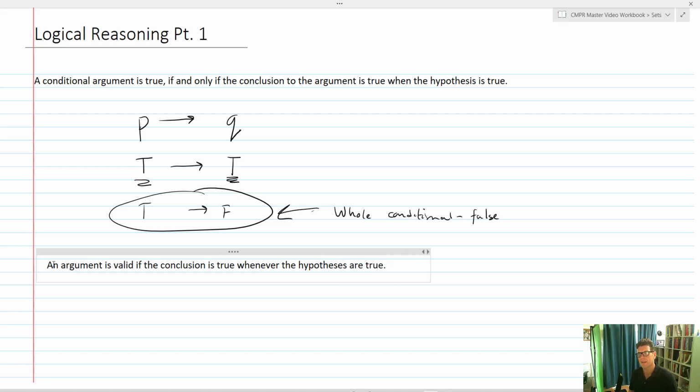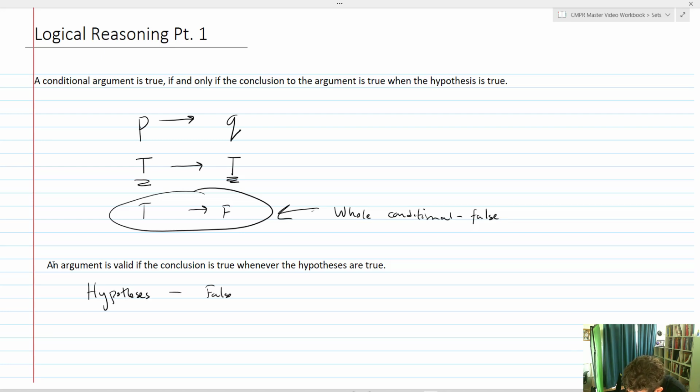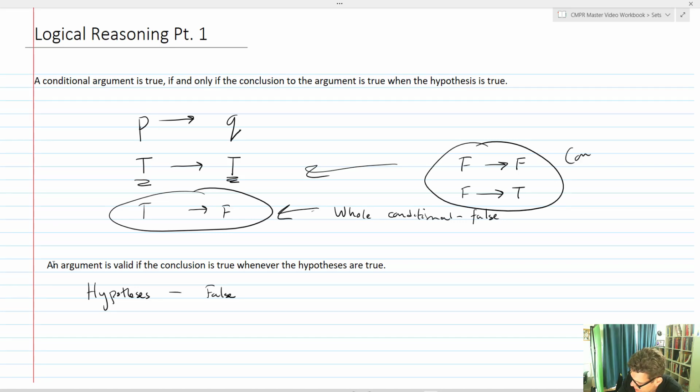So when we're asking ourselves whether or not the argument is valid, if, say for example, the hypotheses are false, then we can't say anything about the validity of the argument. It doesn't matter whether the conclusion is false or true. Just like with the conditional, remember we could have false implies false, or we could also have false implies true, and they both mean the conditional is still true.